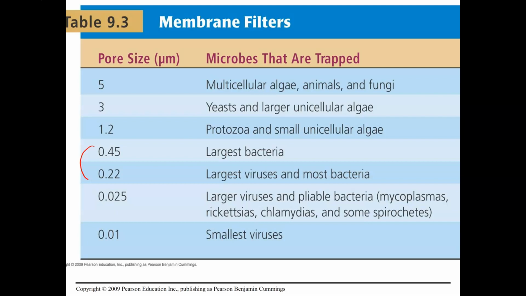That size opening is going to trap bacteria and not allow them to come through the filter. So the media will be sterile after passing through. Of note, viruses are much smaller than bacteria and they're not trapped by the filtration. Viruses, if present in your solution, will also be found in the filtered media.